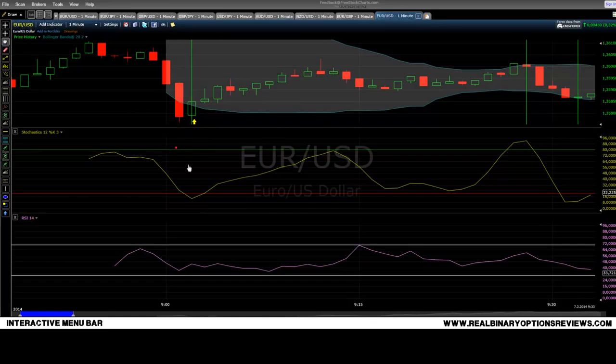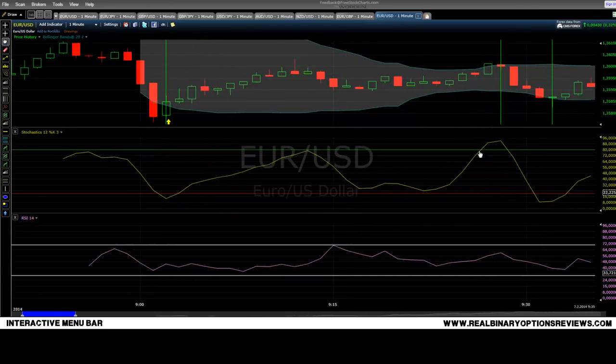I can also confirm these trades: I want to see the candle cross the lower Bollinger Band, and I want to see the stochastic cross the level 20, defined by this red line, and then I'm trading up. Similarly, I wait for the stochastic to cross the green line and the green candle to cross the upper Bollinger Band, and then I'm going to trade down.